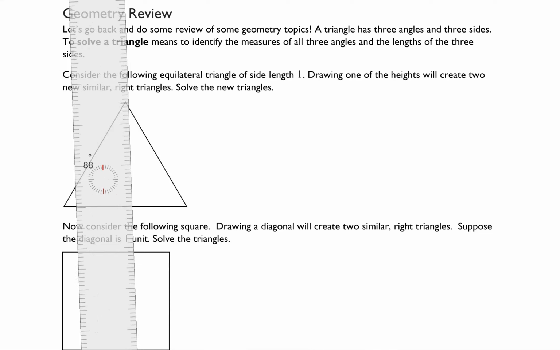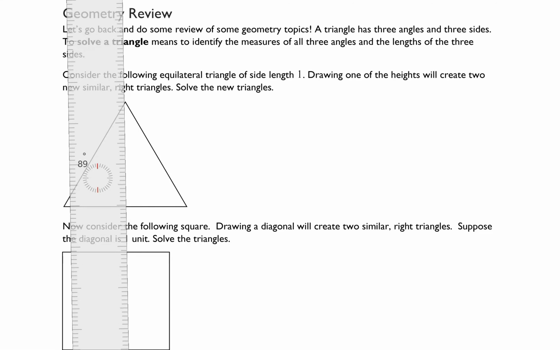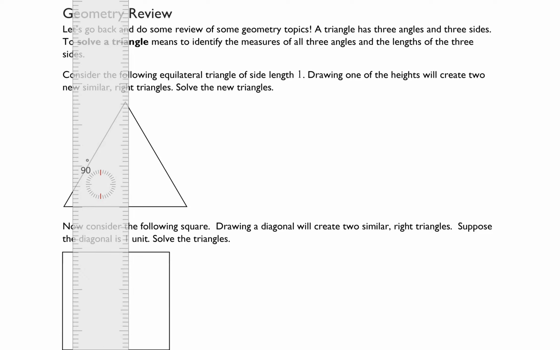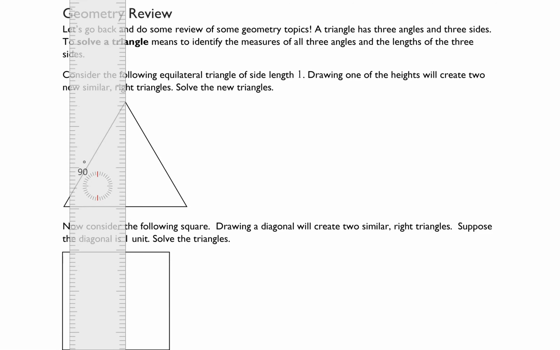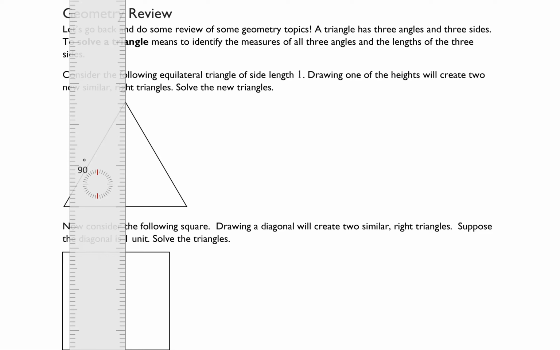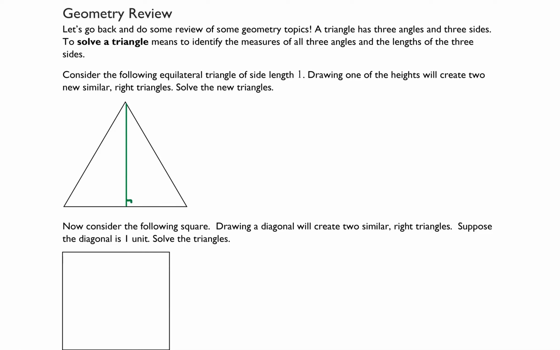So if I took out my handy dandy ruler and I drew a line right down the middle of this triangle, that would form a right angle, which, if you remember from the last section, is 90 degrees.